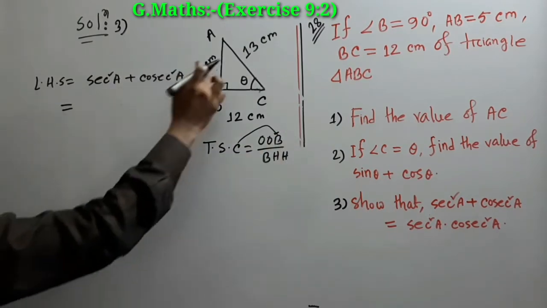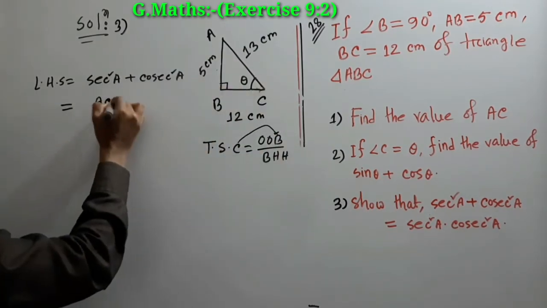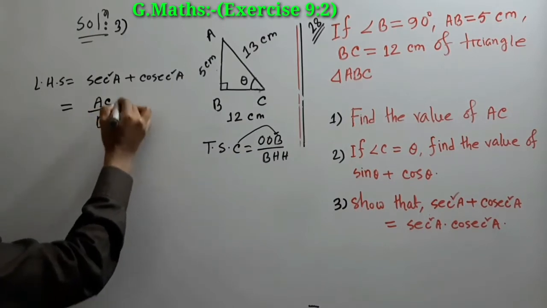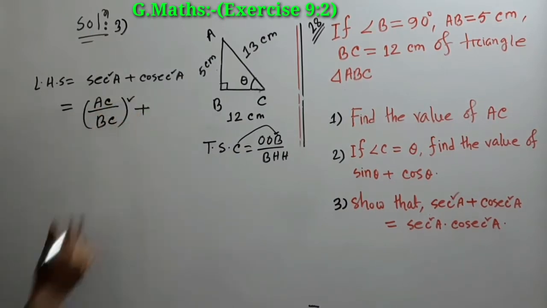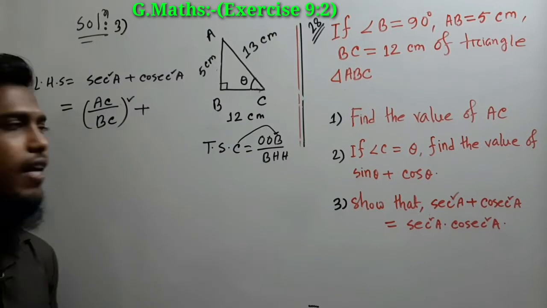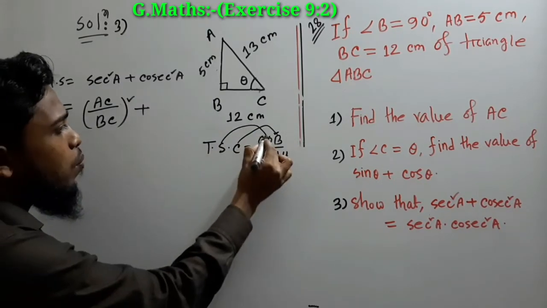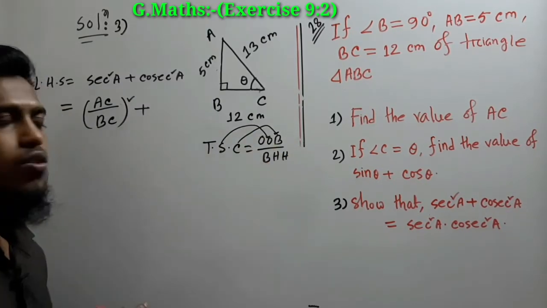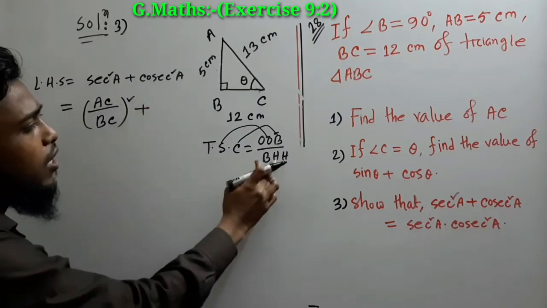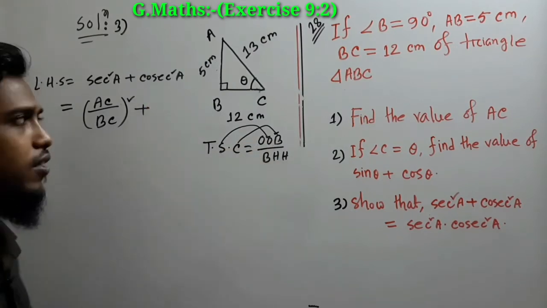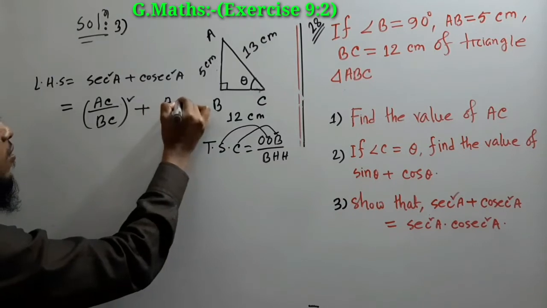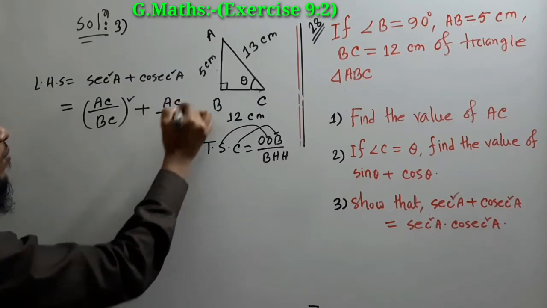So here hypotenuse is AC, base is BC, plus the ratio of sin theta equals opposite side by hypotenuse. So the ratio of cosec A will be hypotenuse by opposite side. Here hypotenuse is AC, opposite side is AB.